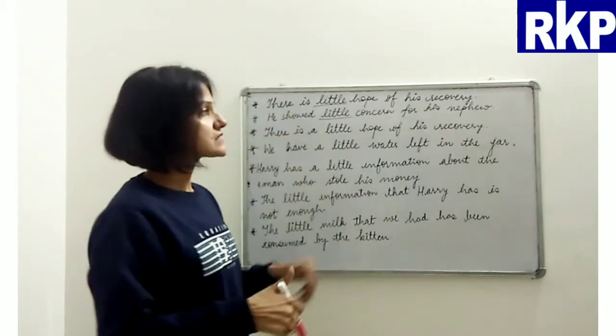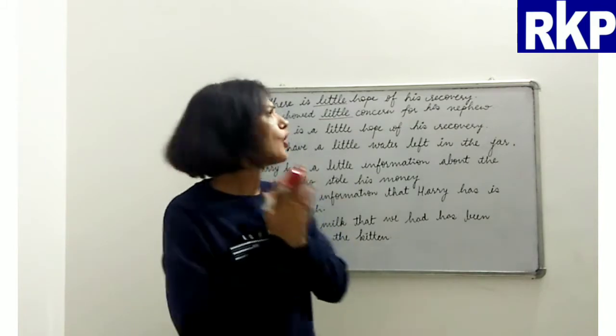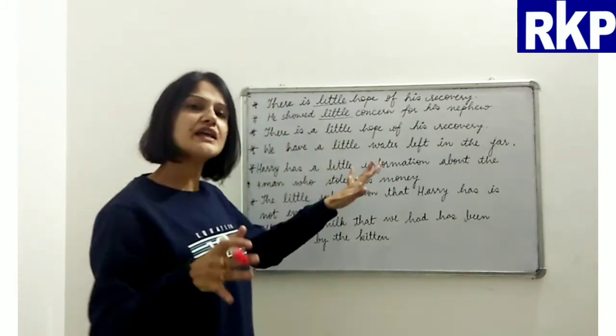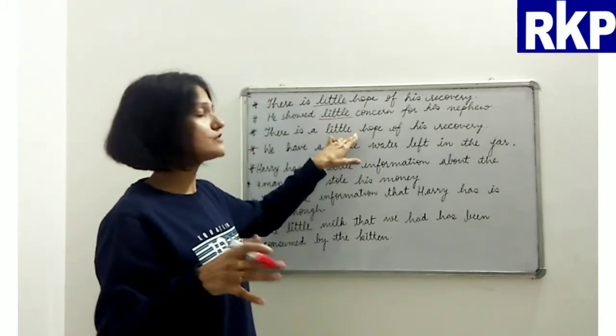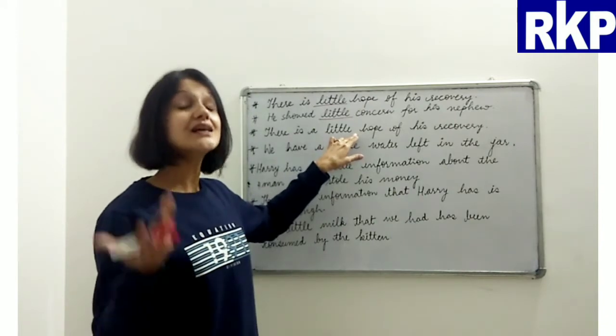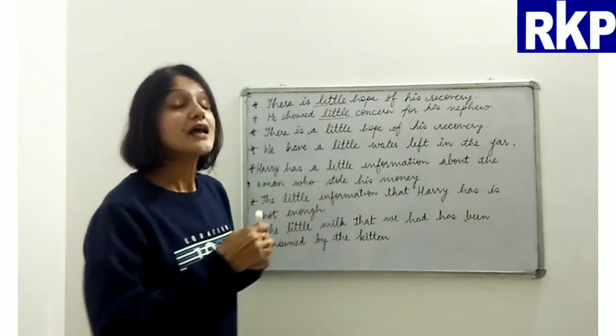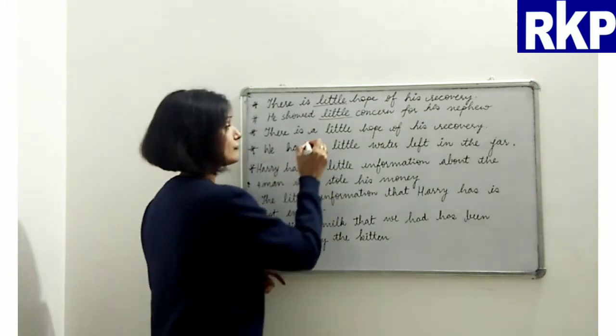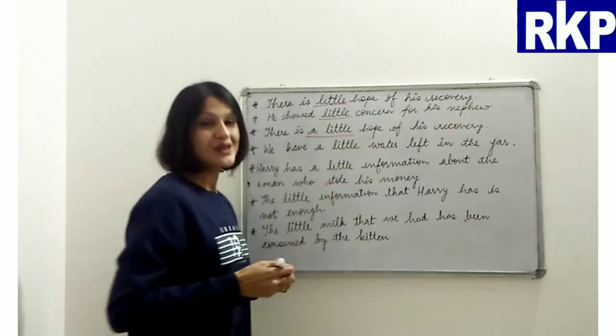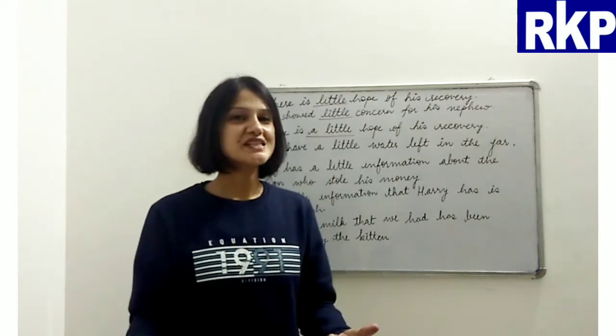Now there is a little hope of his recovery. I have intentionally used the same sentence so that we can understand the difference, right? Now since we have used a little here, it gives us a positive sense.